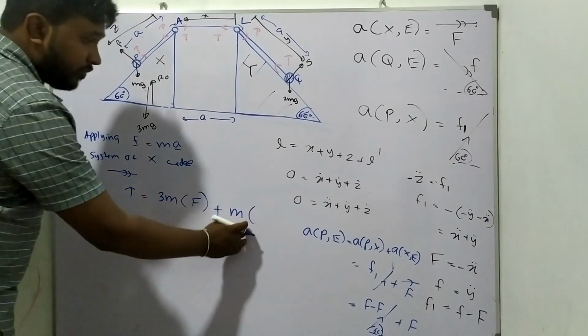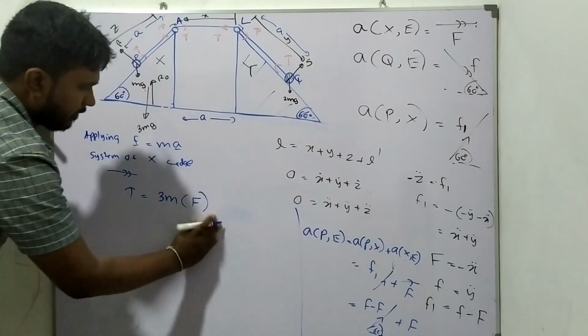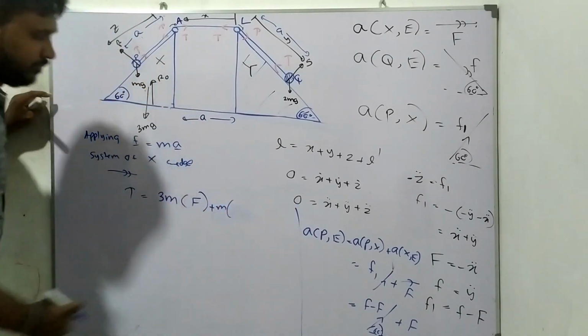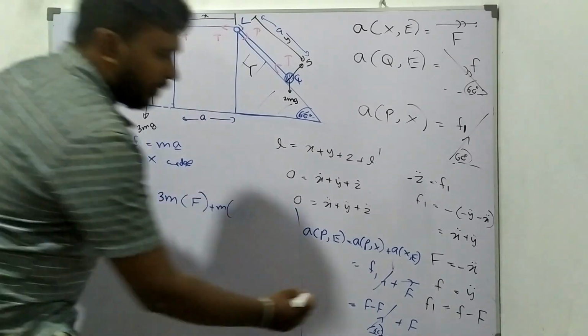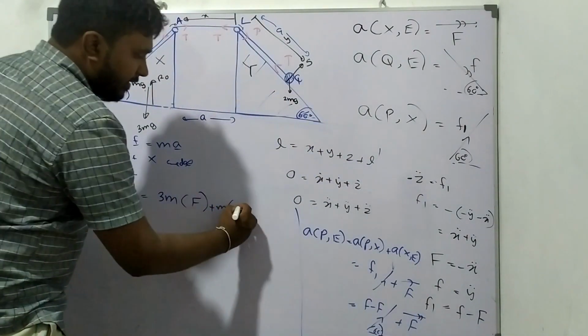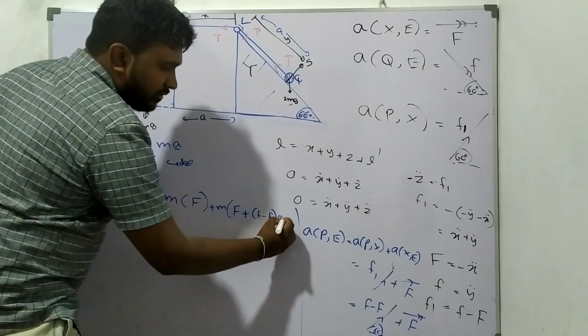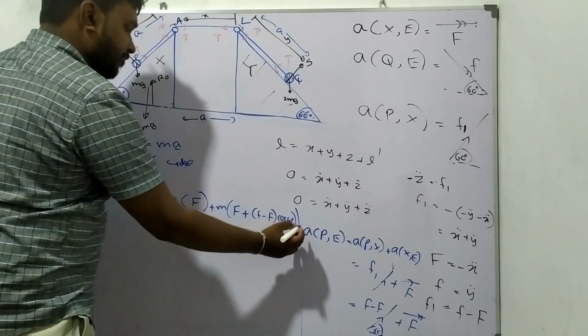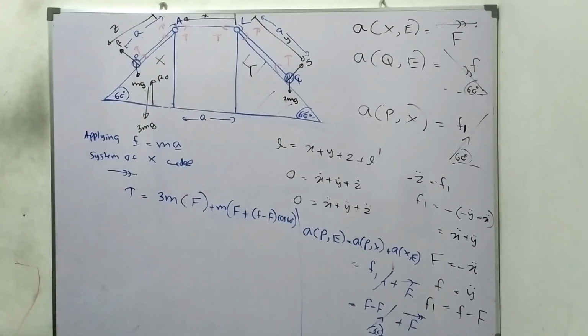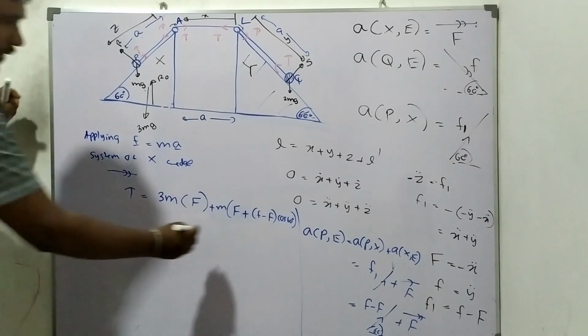So then plus m in that direction, capital F is already horizontal, capital F plus simple F minus capital F cos 60. Right, so now that equation is ready. Equation number 1.